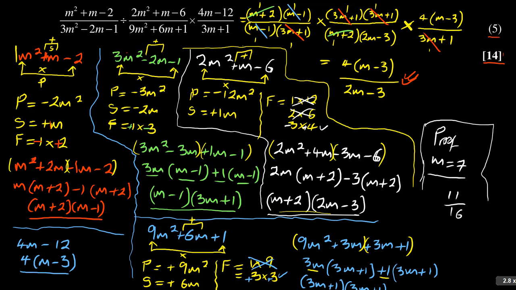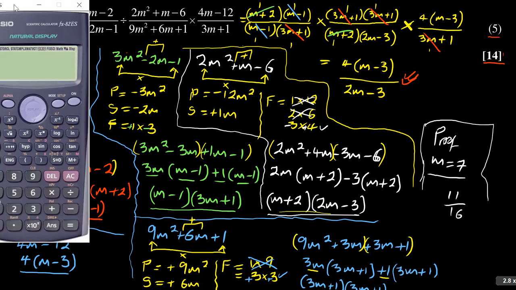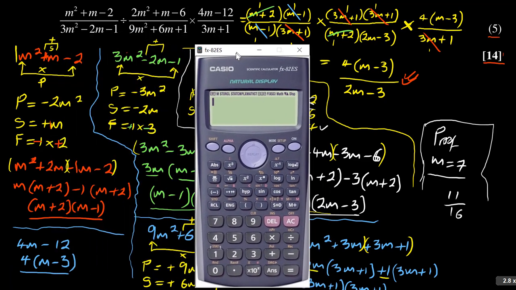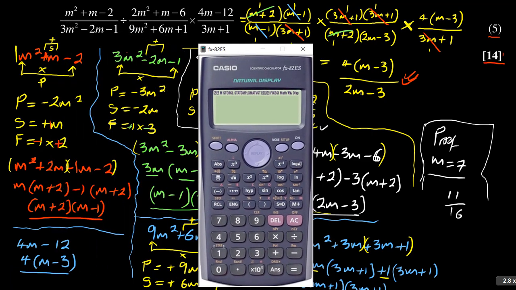I forgot that. Now I take again my calculator. Now I go to my final answer, which is the one that I have as 4 into m minus 3 over 2m minus 3. I also put a 7 to see if I'm getting the same answer. This is 7 minus 3 over 2 into 7 minus 3.